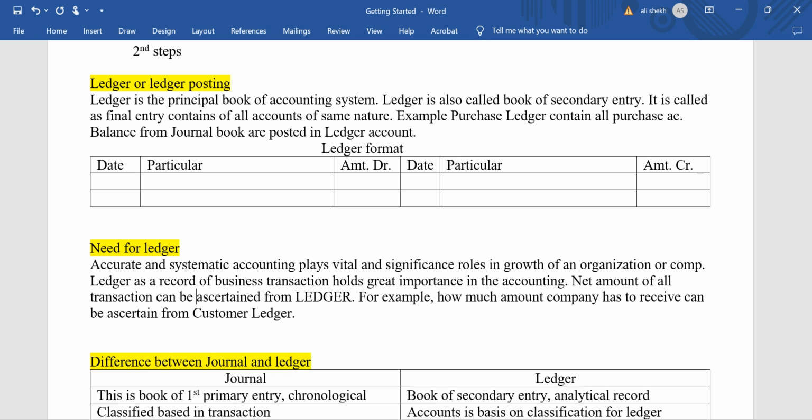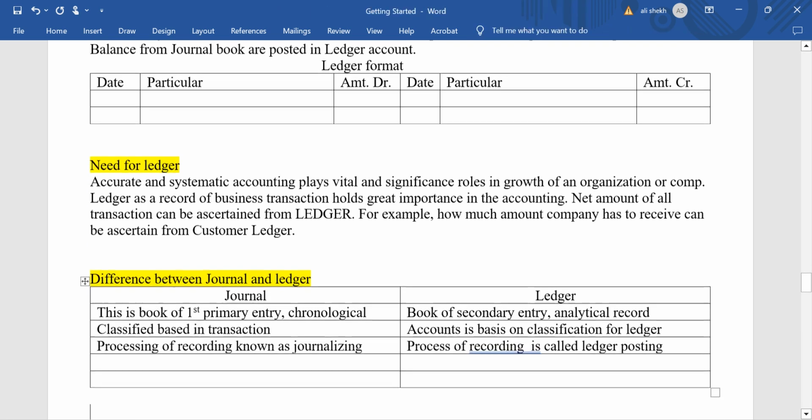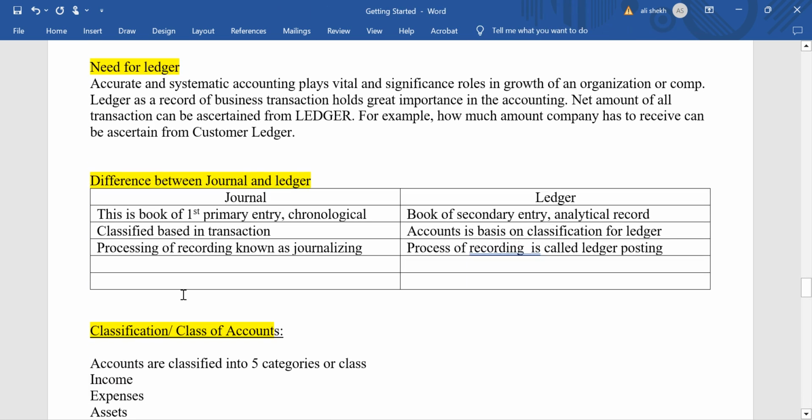For example, how much amount the company has to receive can be ascertained from the customer ledger. To get the true picture of financial status, ledger is very important because it gives the exact balance of all accounts.